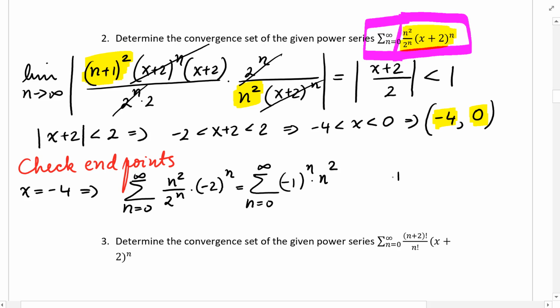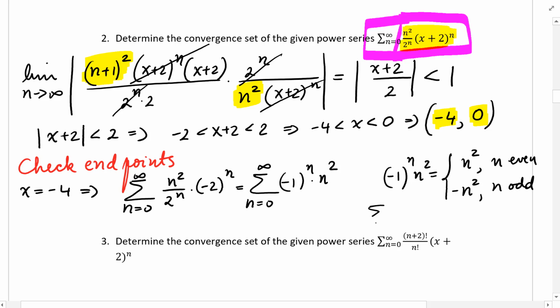Now, (-1) to the n times n squared is equal to n squared when n is even, and -n squared when n is odd. So think of adding n squared: 1 squared plus 2 squared plus 3 squared. Obviously, this is diverging. And the same thing if I put -n squared: we get the same thing but with negatives, and these are diverging as well. So at -4 it is divergent, so we'll keep the parentheses.